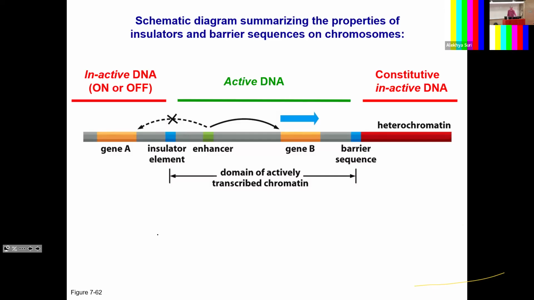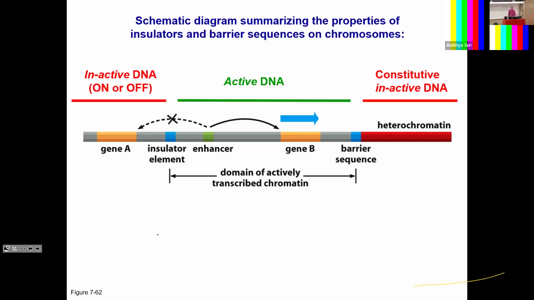For the actively transcribed DNA, we can differentiate, for example, here we have a gene A and a gene B, and one is active, one is inactive. These two genes are under the control of the same regulatory sequences, enhancer sequences, but gene A is off because there is what is called an insulator element in between that prevents transcription activation of the gene.